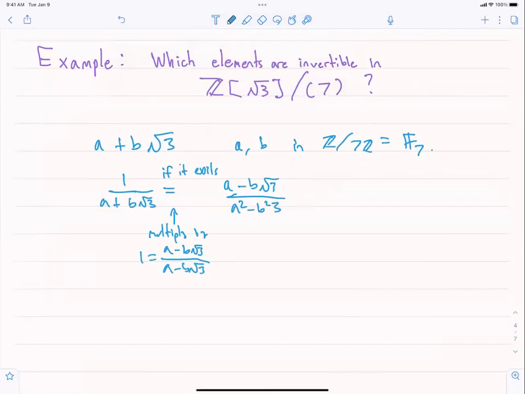So I'm just doing the standard trick we did before for rationalizing the denominator. And then this is a minus b√3 times 1 over a squared minus 3b squared.